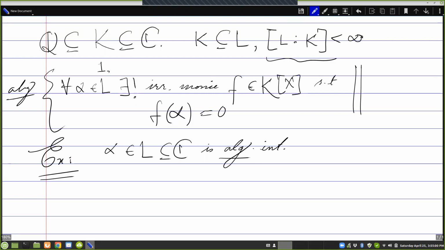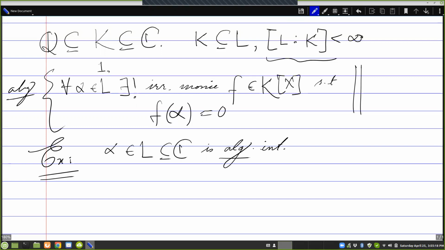Since it's a monic polynomial with integer coefficients, it can be viewed as a polynomial with rational coefficients as well. So you get a polynomial over Q which has alpha as a root. That means alpha is an algebraic element over Q.